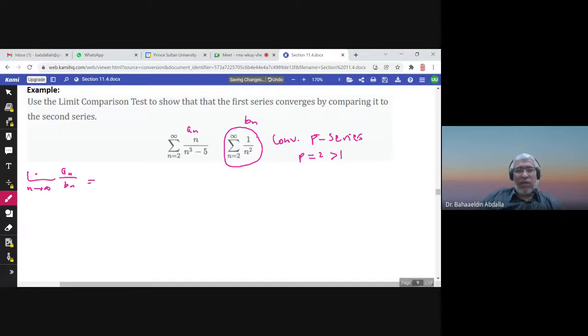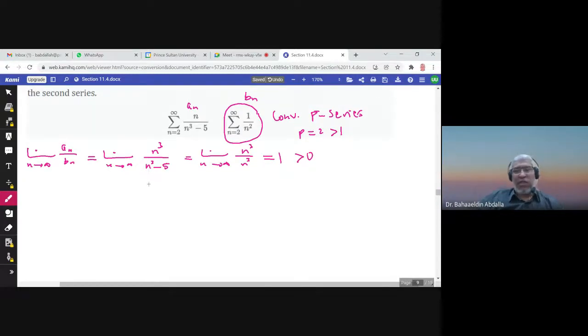If you divide, sorry, An over Bn, n squared will be multiplied by n. So I'll have n cubed here and here n cubed minus 5. And when n approaches infinity, we deal with n cubed up and n cubed down. And this is 1 and this is greater than 0. So by limit comparison test, summation An also converges.